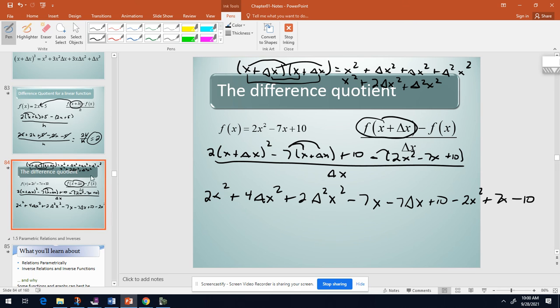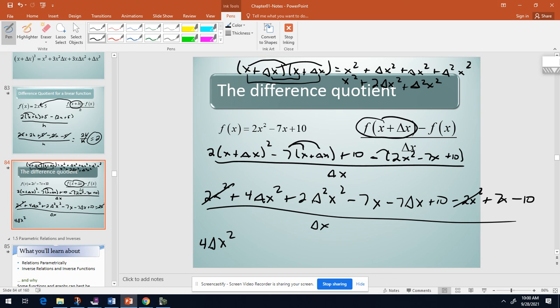So I have this 2x squared, and this is all over delta x. I've got this 2x squared, going to cancel with this negative 2x squared. This 4 delta x squared, anything to combine with that? No. So I'm going to put 4 delta x squared. This 2 delta squared x squared, anything to combine with that? No. I'm going to put plus 2 delta squared x squared.